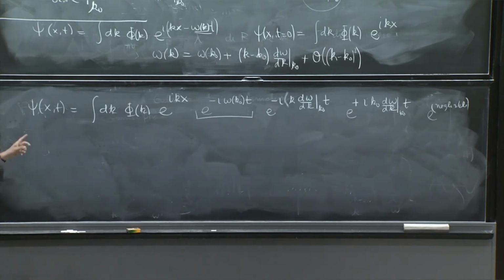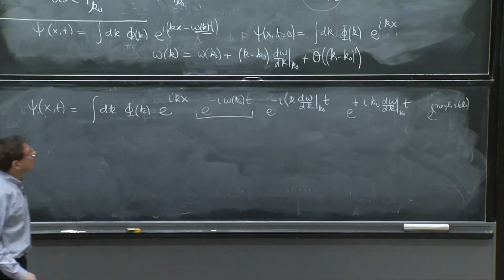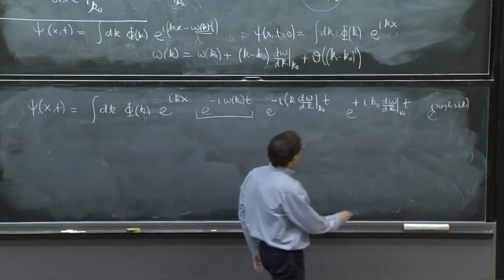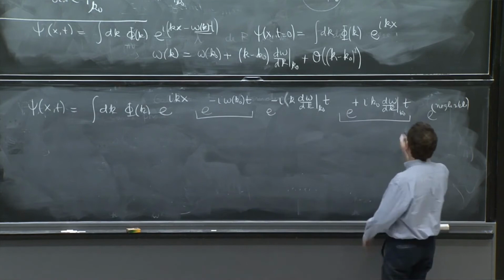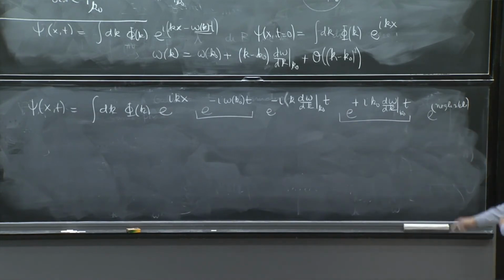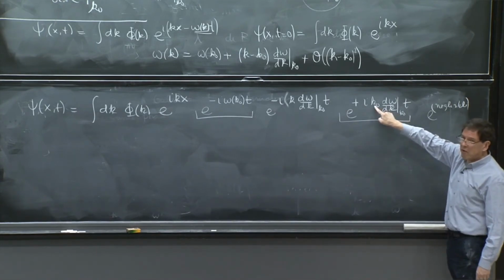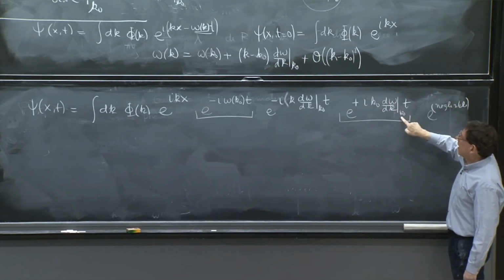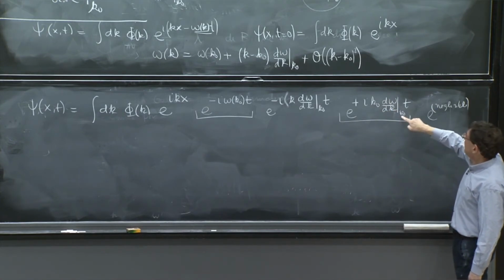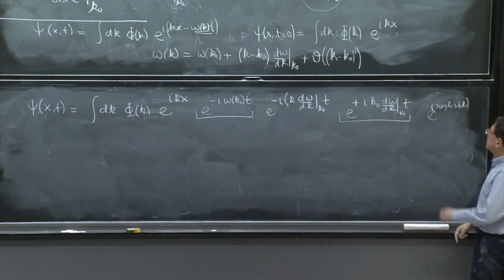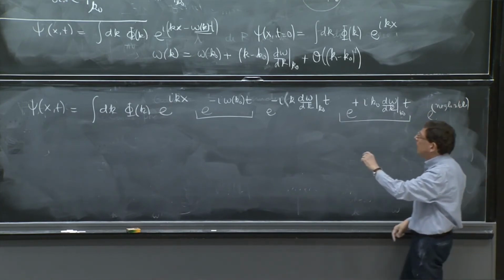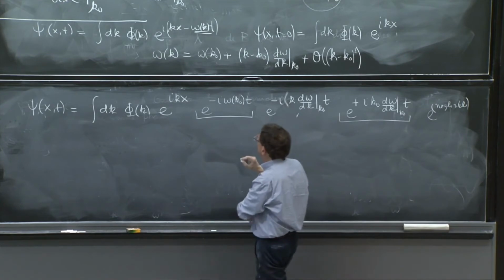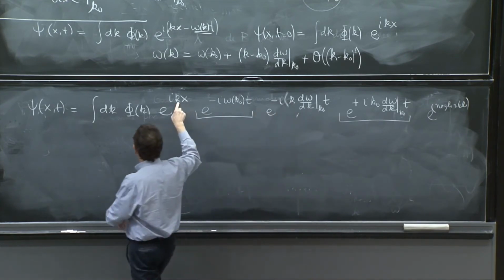So this factor is just confusing me. It doesn't belong in the integral. This factor too. k naught is not a function of k. d omega dk evaluated at k naught is not a function of k. So this is not really in the integral. This is negligible. This is in the integral because it has a k, and this is in the integral.